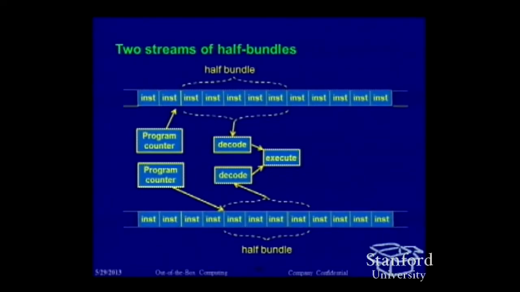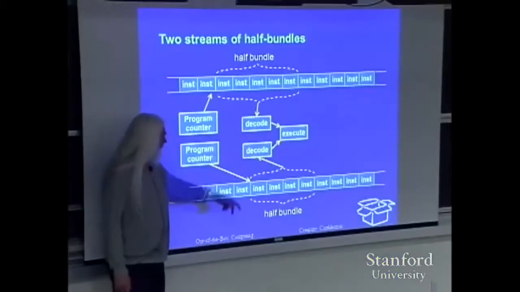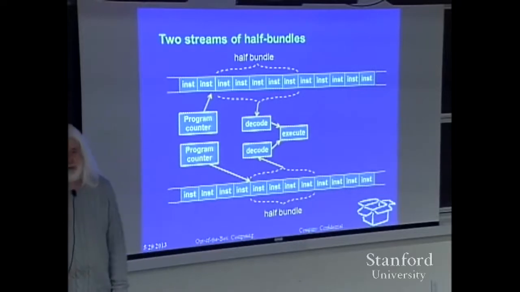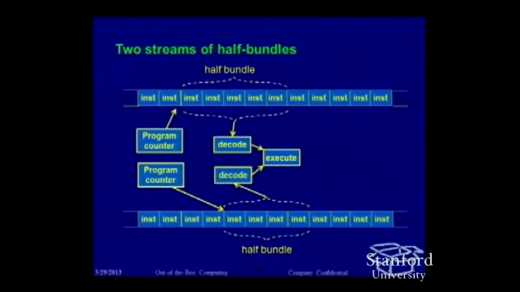You have 2 program counters, one pointing into each of the half bundle streams. Each one feeds its own decoder, this one handling that, this one handling that, but the decoders only have half the load. They're not trying to do 30, they're trying to do 15. Well, welcome to polynomial, that's a big good thing.